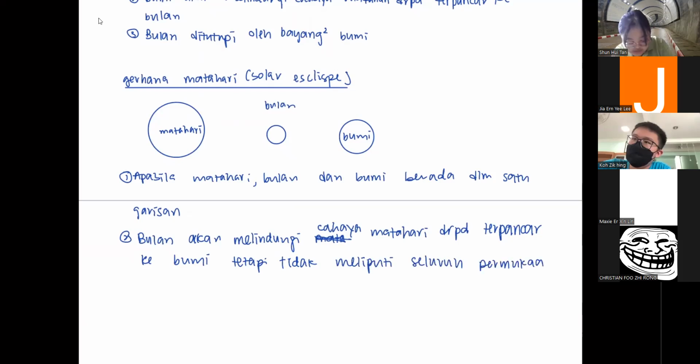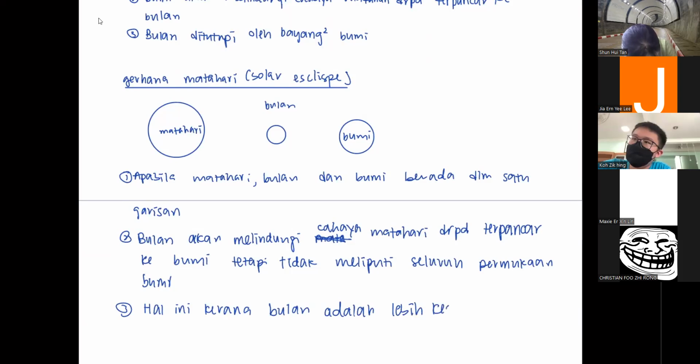Why? Because it's small. So the third you can tell is, ini kerana bulan adalah lebih kecil. Okay.